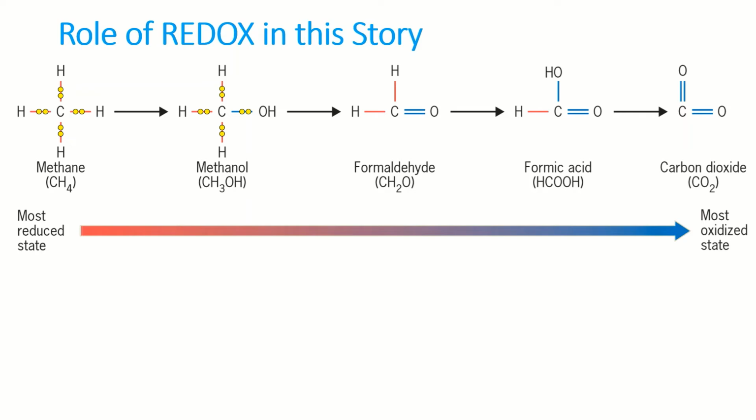Take note that the oxygen has pulled the electrons farther away from carbon. Therefore, we can say carbon sort of lost its hold on those electrons, and carbon is now more oxidized than it was when it was in methane.